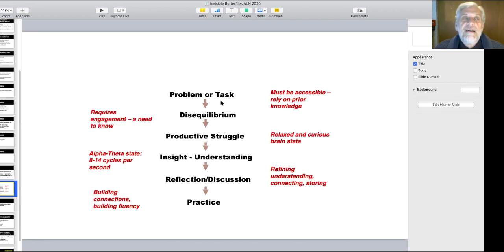And sometimes when I've talked more about how all this happens, there's a little feeling that this idea of the right brain state is a little woo-woo. But Csikszentmihalyi won the Nobel Prize for writing about this. The example I like to give, though, is Navy SEALs are trained to achieve this state even in combat.